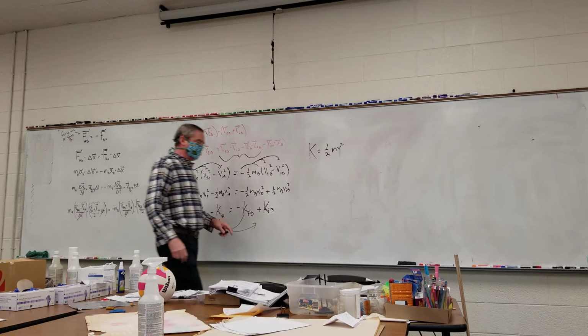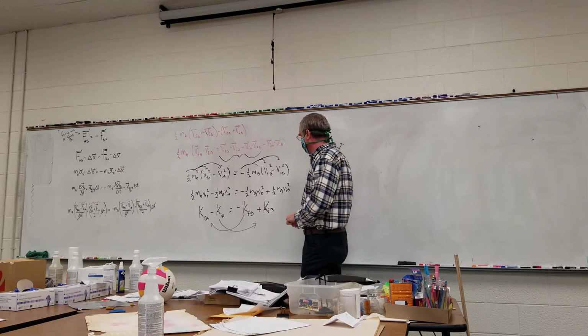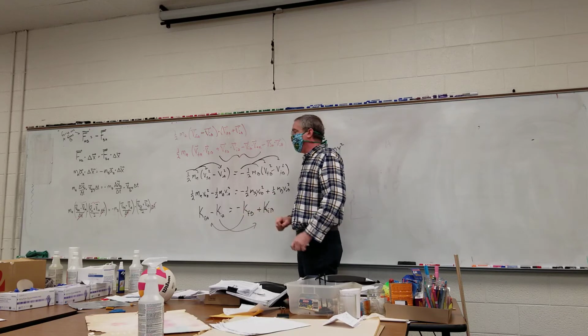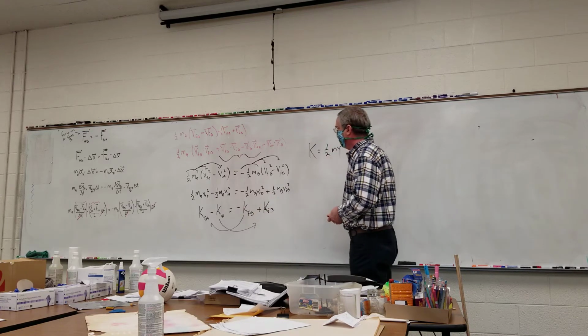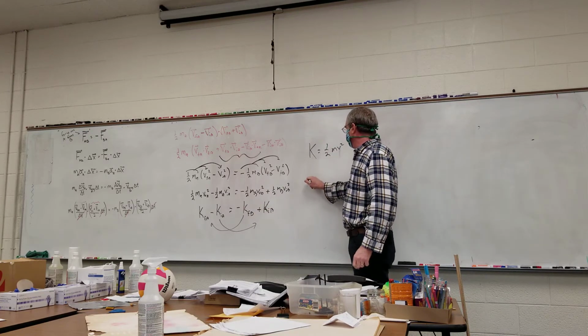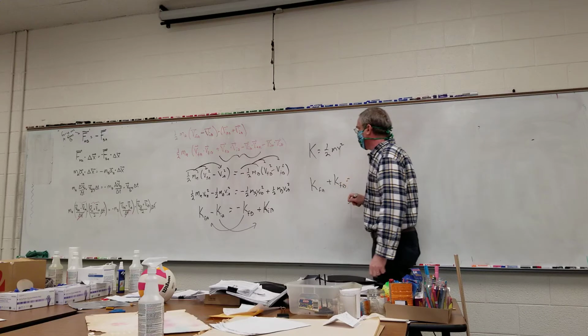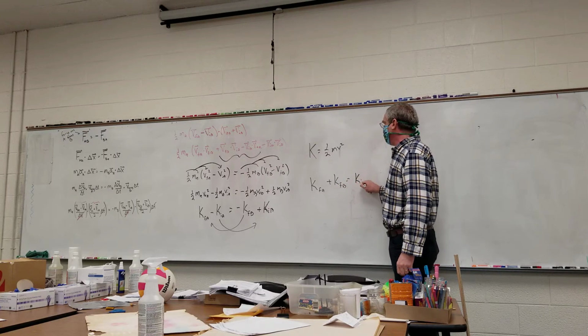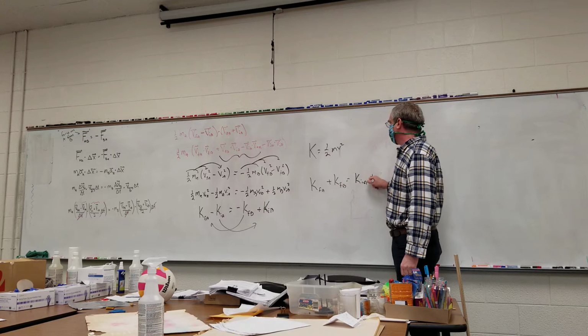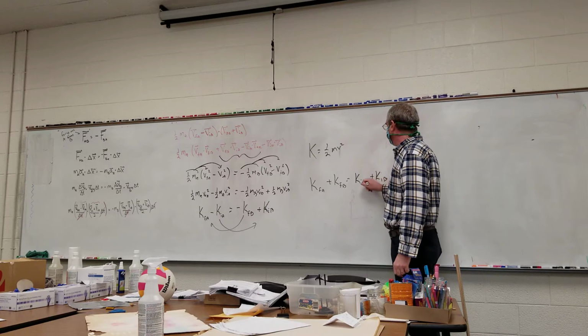So I'm going to add KIA to both sides, and I'm going to add KFB to both sides. And what I'm left with is KFA plus KFB equals KIA plus KIB.